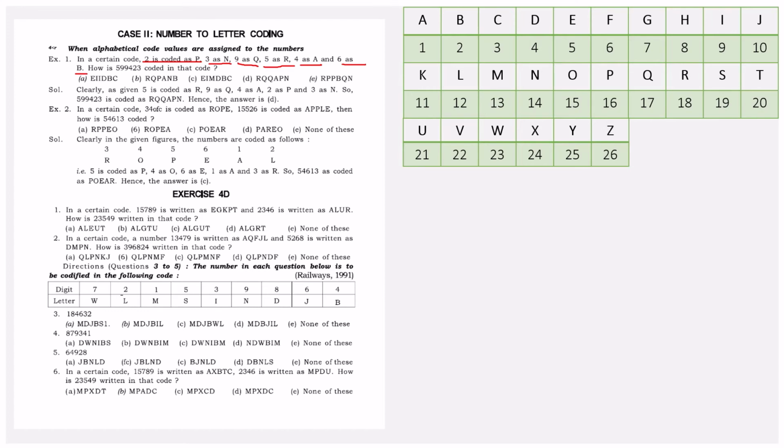I thought that giving examples of 1 or 2 will be good before going into the actual concept. As you can see, they've given the information and are just asking for your output. So 599423 is coded as RQQAPN, that is option D.